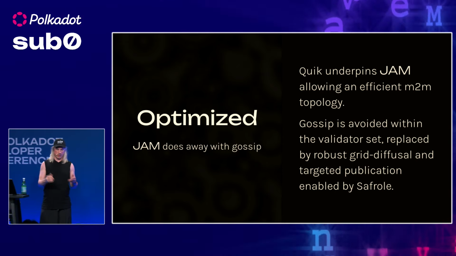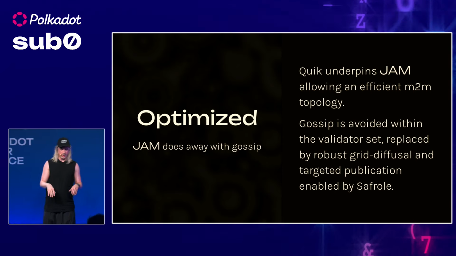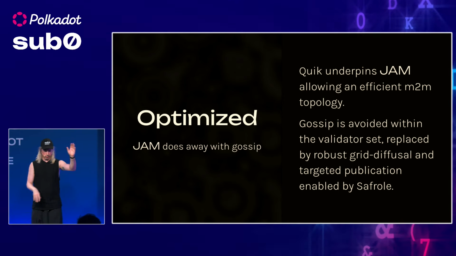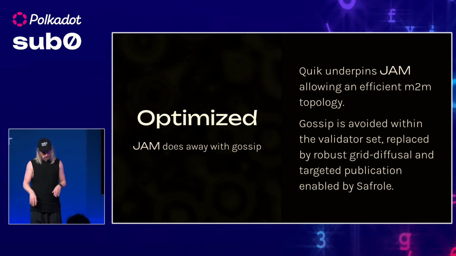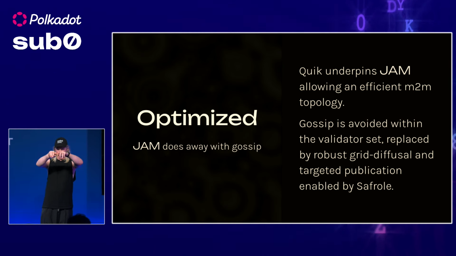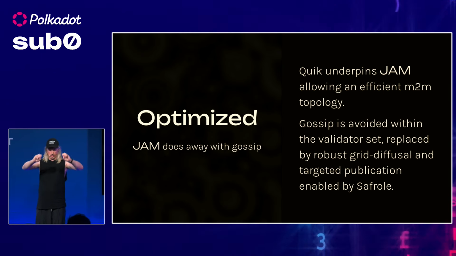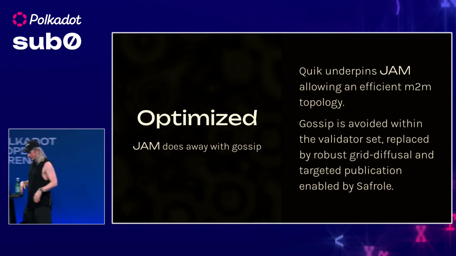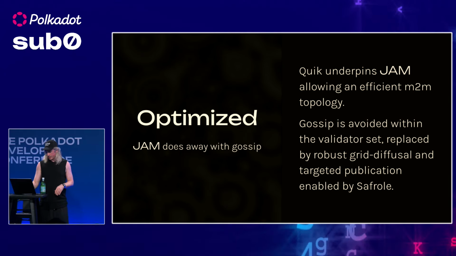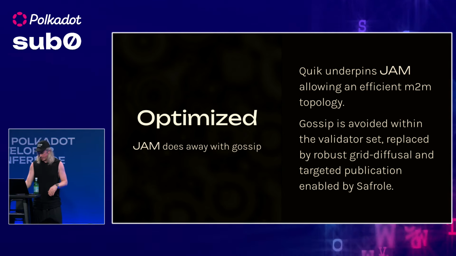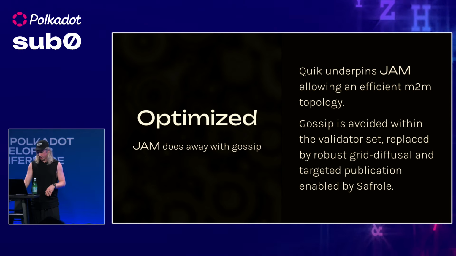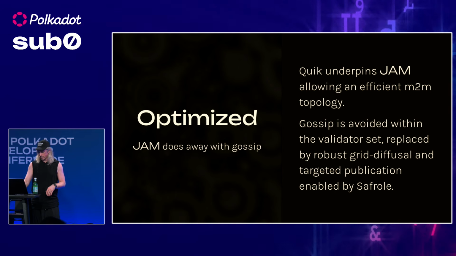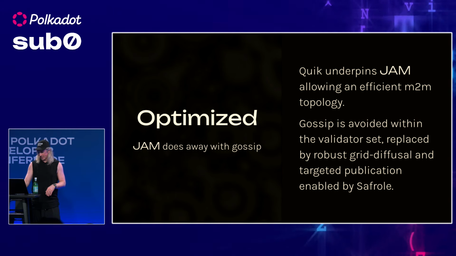Basically, we arrange the validators into a grid, and we send the package by a row, and then each node on the row sends it to all members of its column. This provides a pretty optimal way of getting data across the entire network quickly.